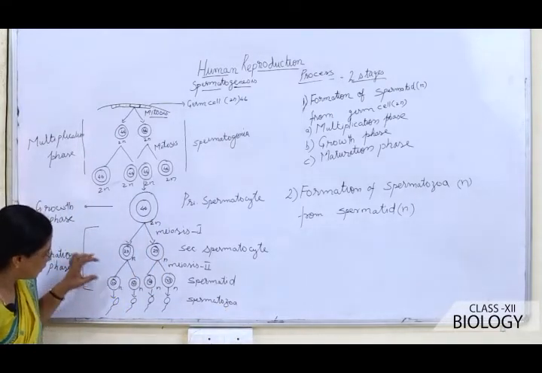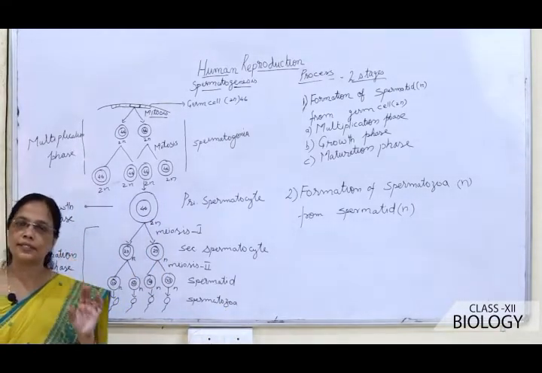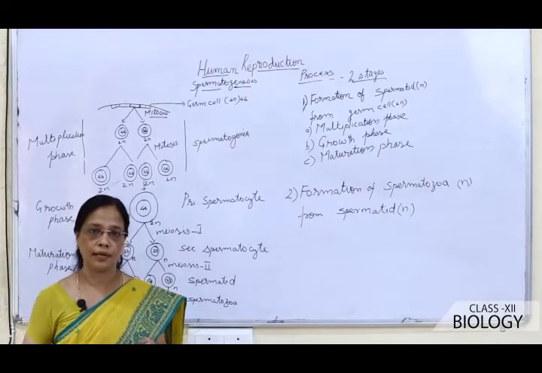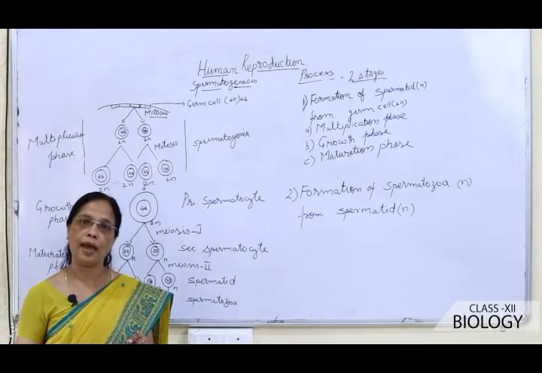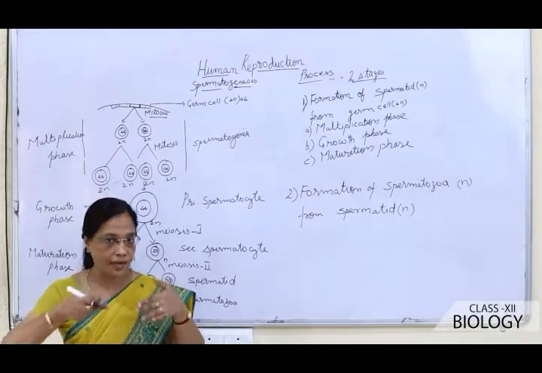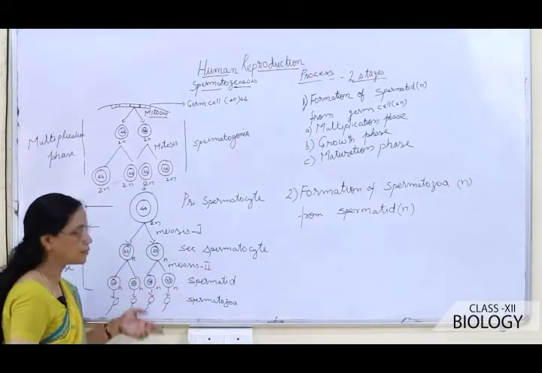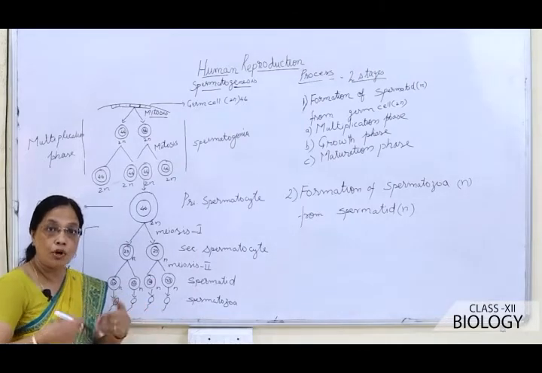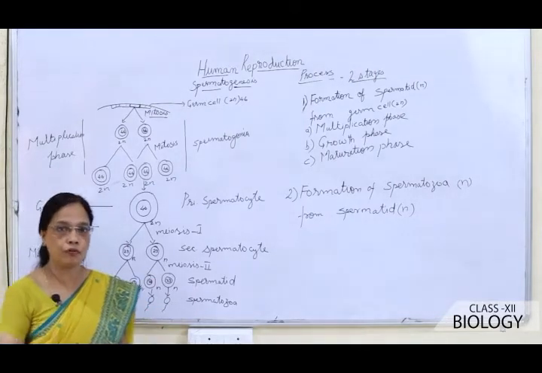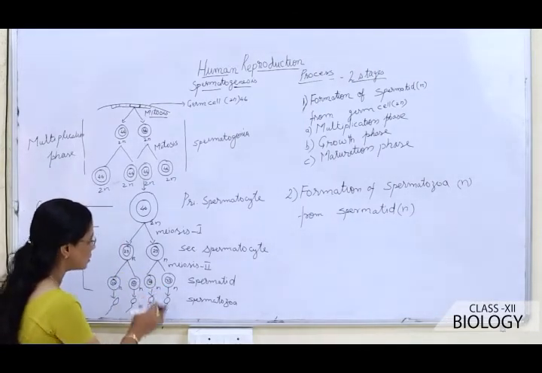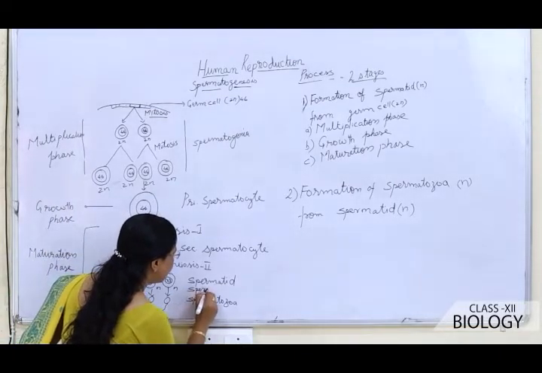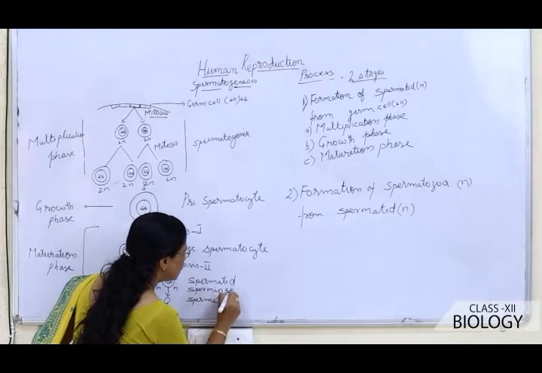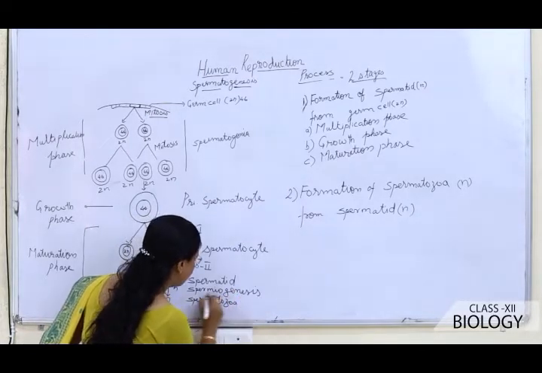Now you see here the spermatid is circular and non-motile, but the spermatozoa is oval in shape and motile. So there is a transformation that took place in this region. That means a modification, we can say a metamorphosis took place. That process is known as spermiogenesis.